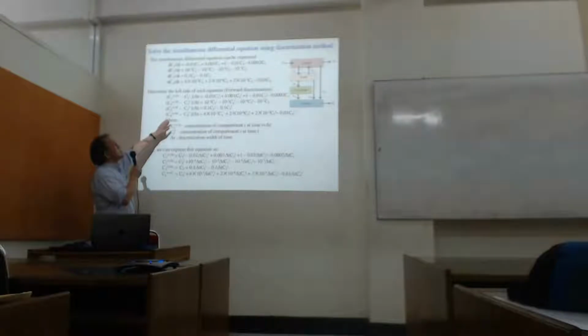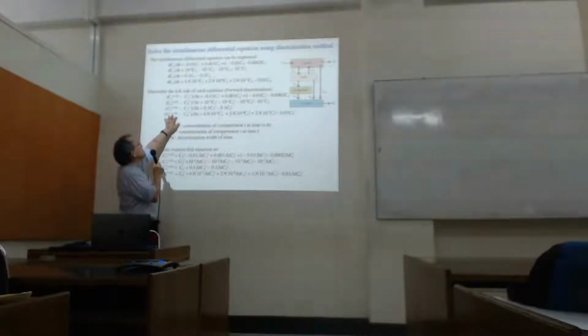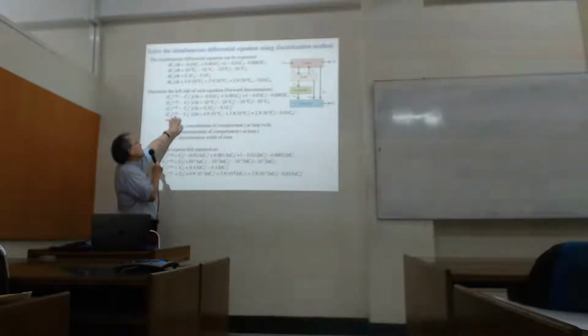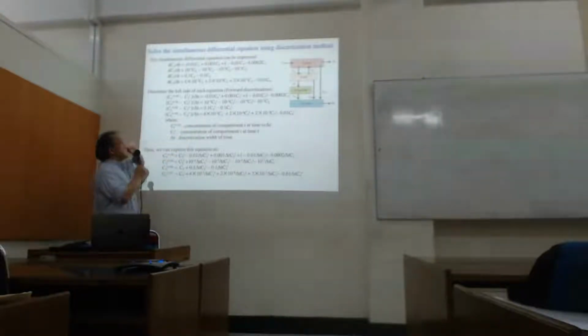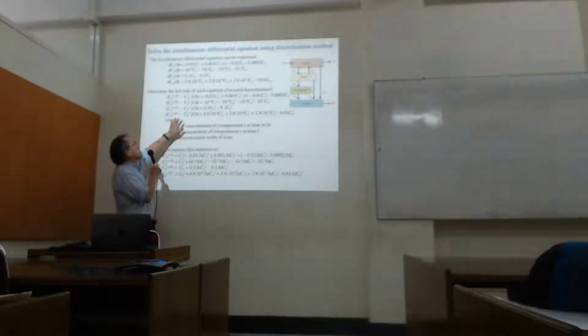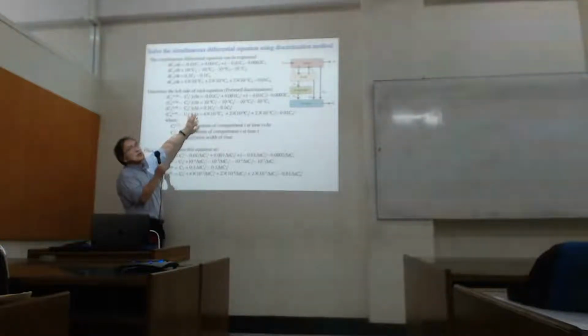In the case of forward approximation of the differentiation, we use a difference like this. So dC4 over dt is approximated by this difference over dt. In the case of backward differentiation, this value is approximated by C4(t) minus C4(t minus delta t).